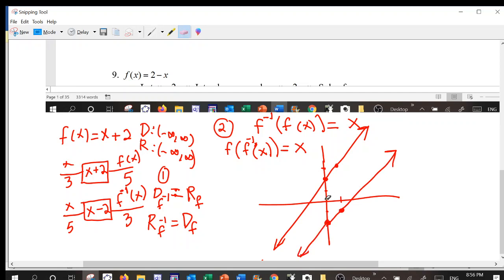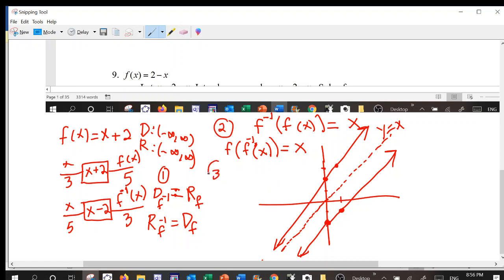But one thing you notice is that if you graph y equals x in the middle, remember, y equals x is a line that goes through quadrant 1 and quadrant 3. So these two graphs are symmetric with respect to this line. And this is always the case.